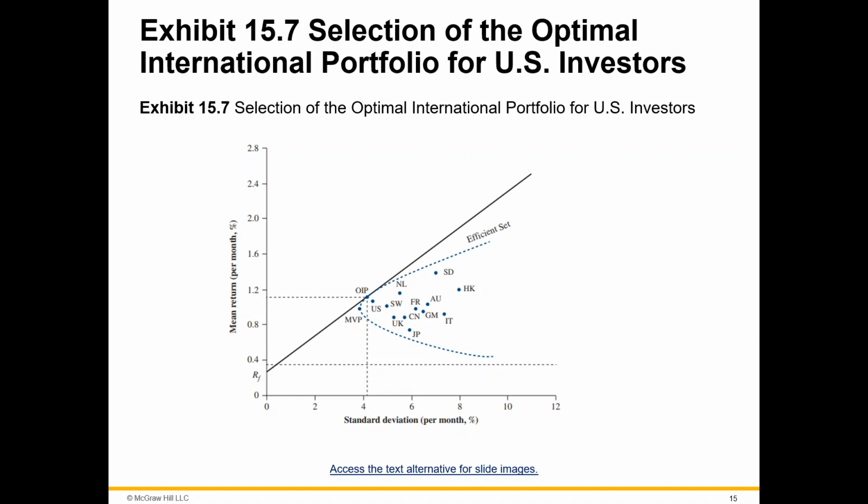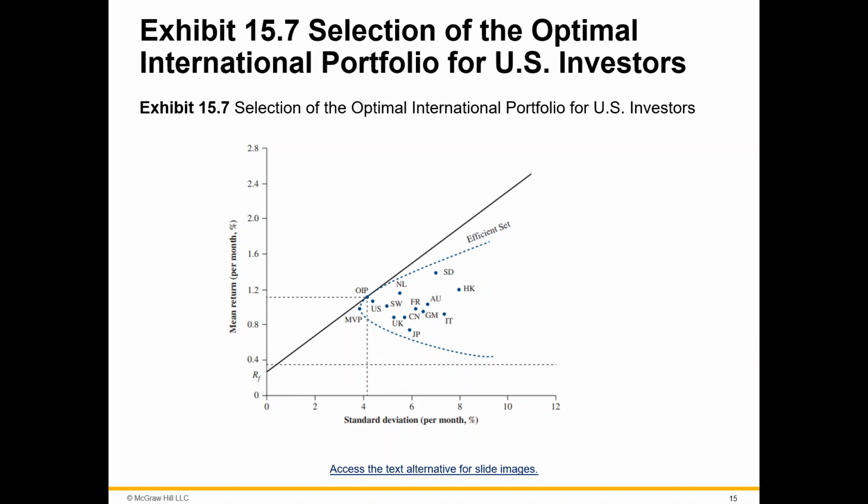In particular, if you have low correlation, it can be valuable to include an asset like Japanese equities because it reduces risk by more than it reduces the associated returns. This line here represents all the possible combinations of a risk-free asset and the optimal Sharpe ratio portfolio.